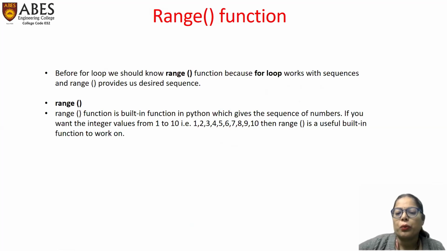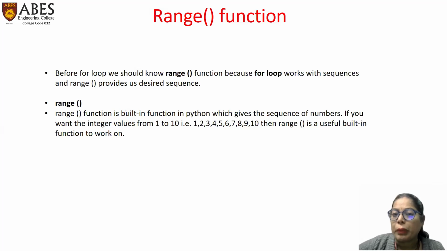Before the for loop, we should know the range function, because the for loop works with sequences, and we have discussed the range function in detail in previous presentations. Here I will just give you an overview.